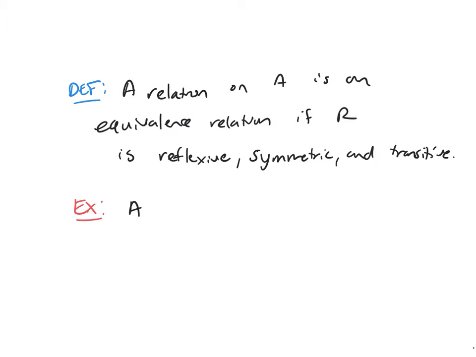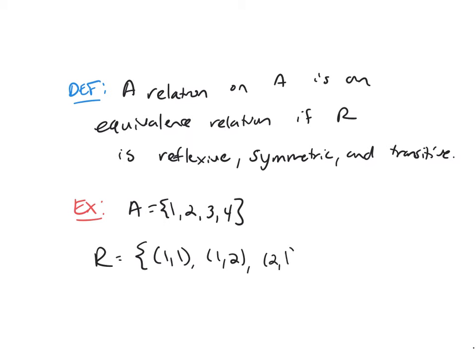So let's look at an example. Let's say our set A is the set {1, 2, 3, 4}, and then the relation R is given by (1,1), (1,2), (2,1), (2,2), (3,3), and (4,4).